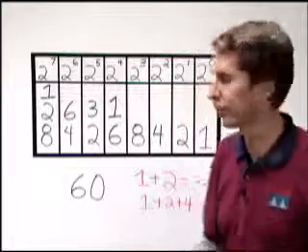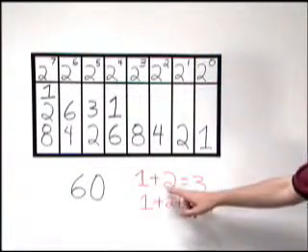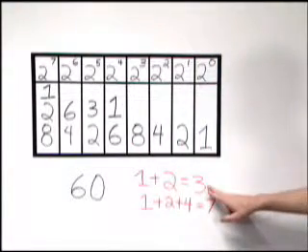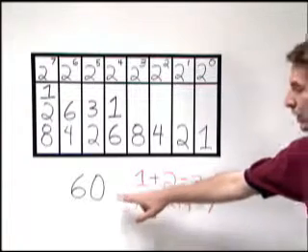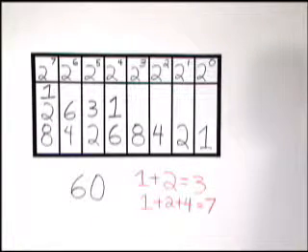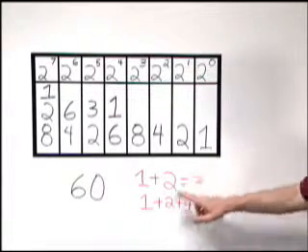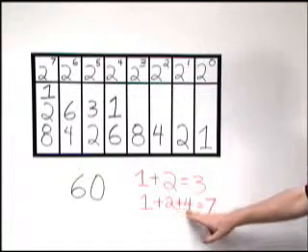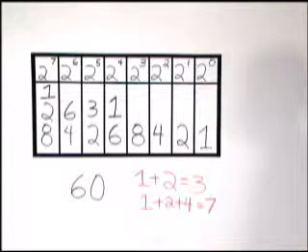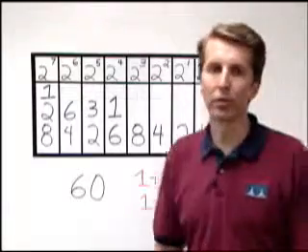If we borrow 2 bits, we add the value of 1 plus 2 together to get 3. 3 is less than our goal of 60, so we know we need to borrow more bits. If we borrow 3 bits, we add the value of the first 3 columns, 1 plus 2 plus 4, to get 7. 7 is still less than 60, so we know we need to borrow even more bits.